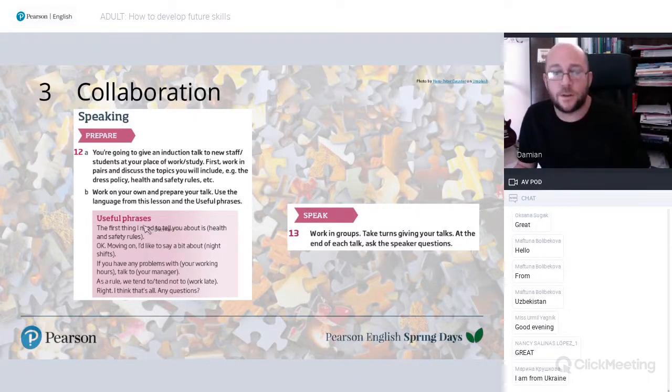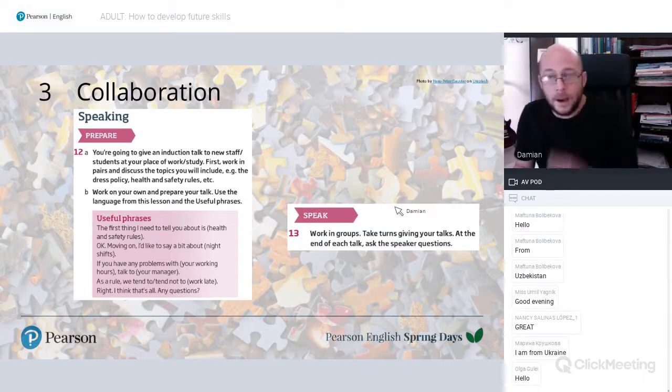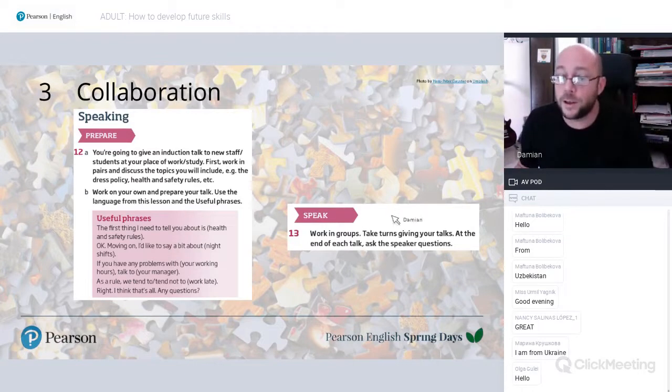We give them extra useful phrases with every task. And then finally they collaborate in groups, taking turns giving their talks. And here, by having them give talks in groups individually, we can ensure equal participation. And they use their questions to ask the speaker questions as well.